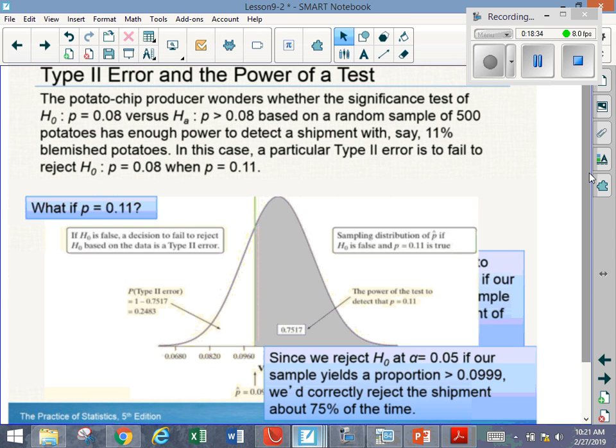So what you're saying is that 75% of the time you're going to wind up correctly rejecting the shipment, right? That is to say, you'll make a type 2 error 0.2483 of the time. When you get the formula, it's much nicer.